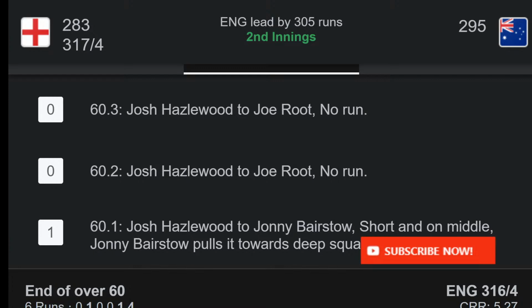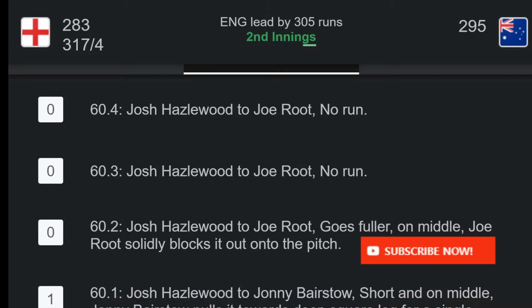Josh Hazlewood to Joe Root, 2 consecutive dot balls. First, singles in the first ball. In this 61st over, 317 for the loss of 4 wickets. England lead by 305 runs.